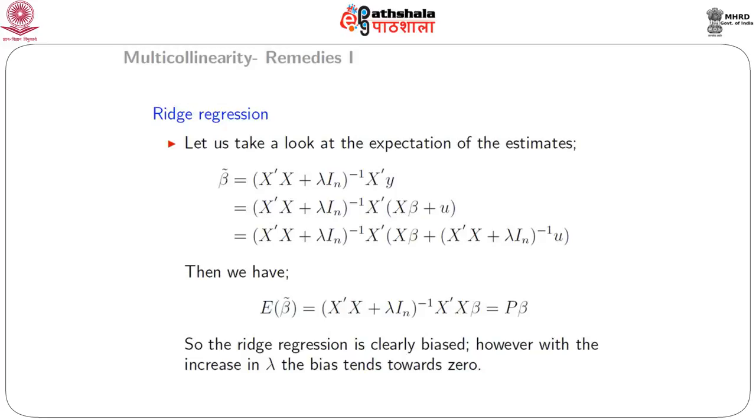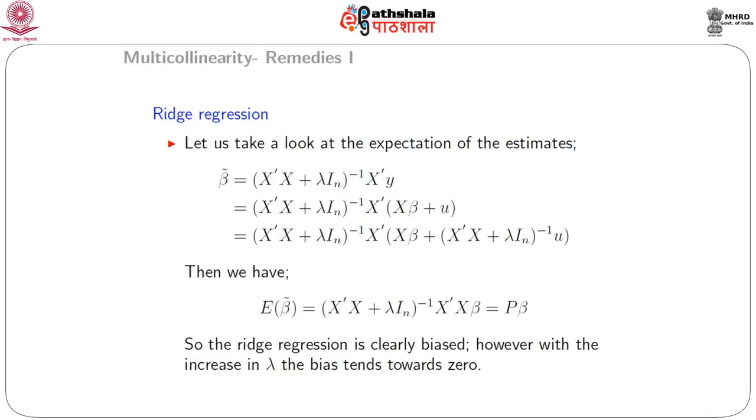Then, taking expectation on both sides, the expectation of beta tilde equals (X prime X plus lambda I) whole inverse times X prime X beta, because we know the error term u is normally distributed with expectation 0.